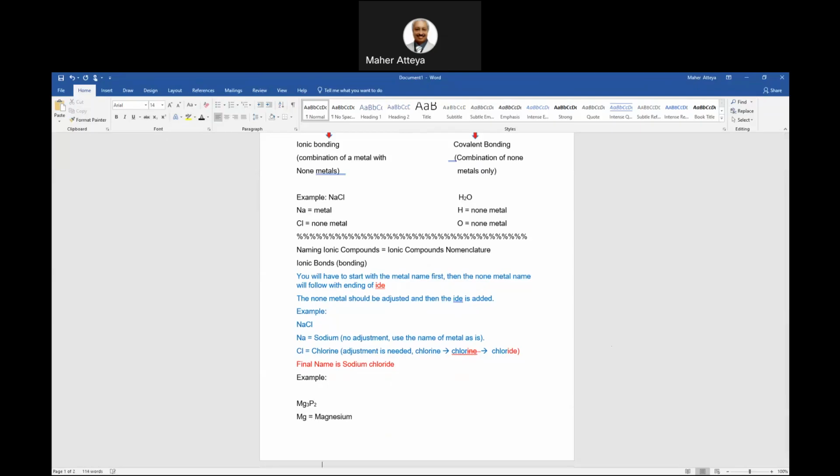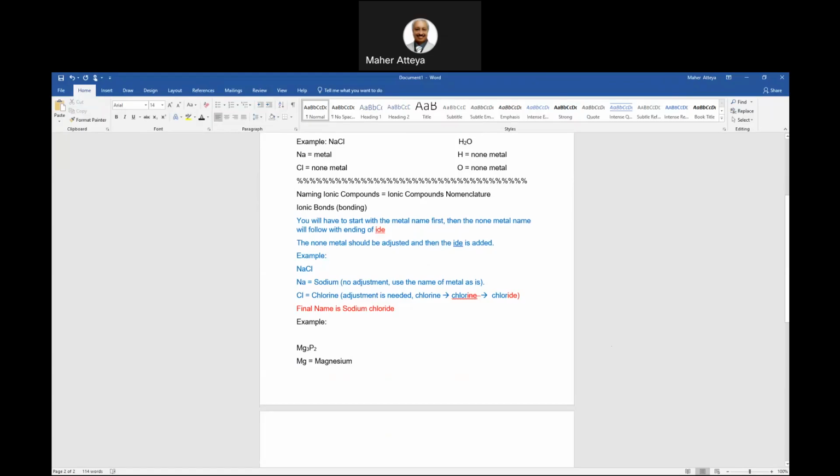Okay. Now, if you look at the P here, this is phosphorus. So this one we need to do adjustment. Our adjustment here will be, we'll take the phosphorus as is.